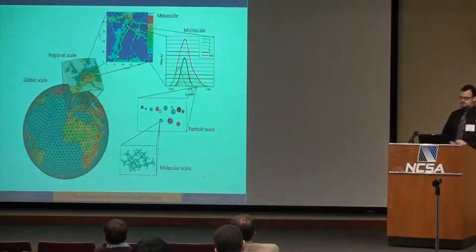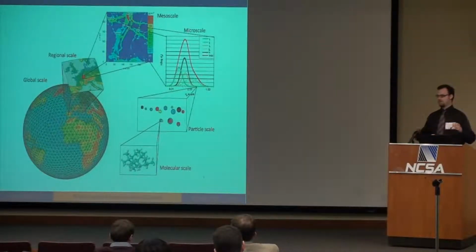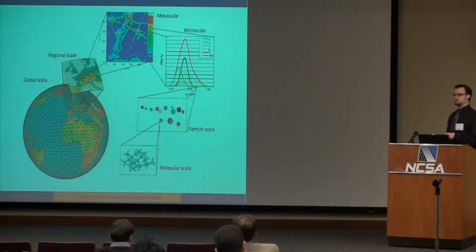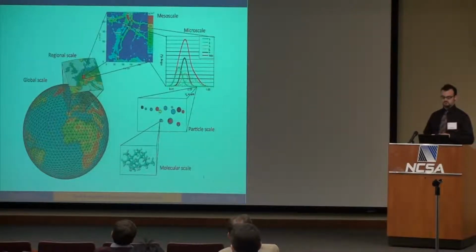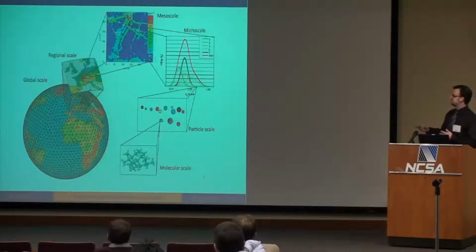Okay, so a little bit about atmospheric modeling. Atmospheric modeling ranges over a wide span of sizes. We have things that are occurring on the molecular scale, things on the particle scale, which is nanometers to micrometers, which I'll be talking about today. And then we have the mesoscale and regional scale, which is on the order of tens of kilometers.